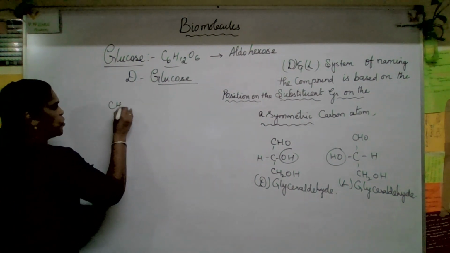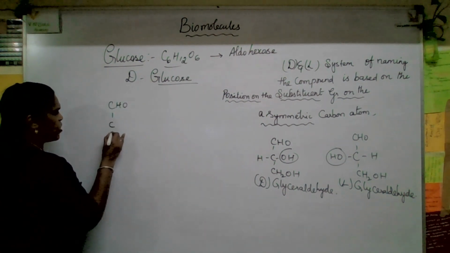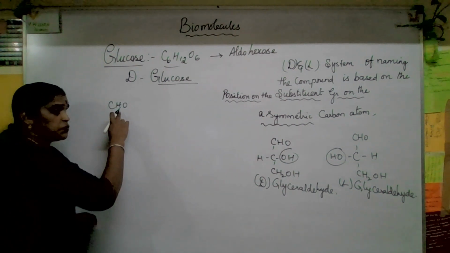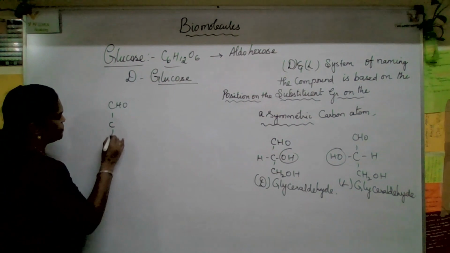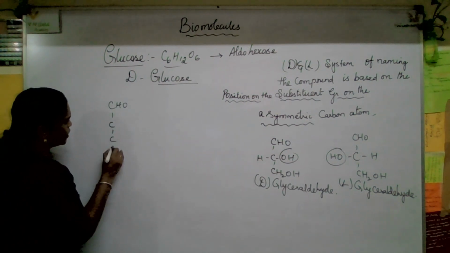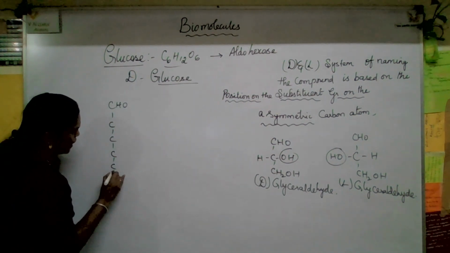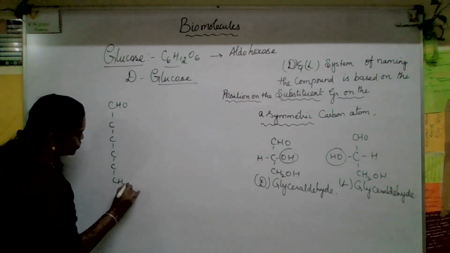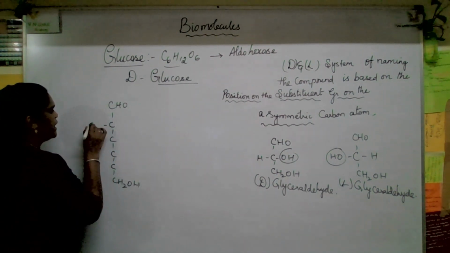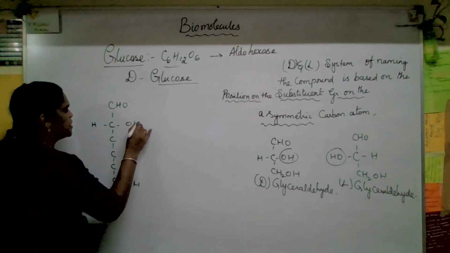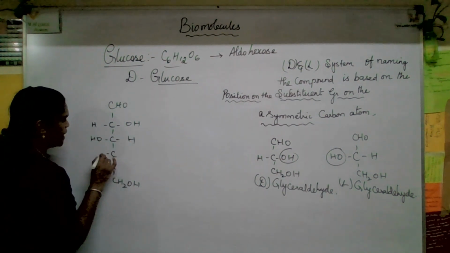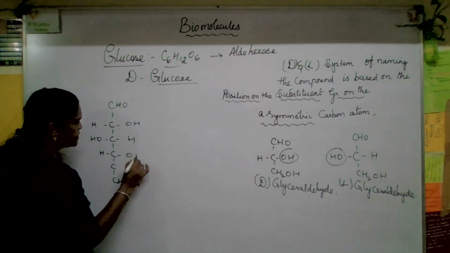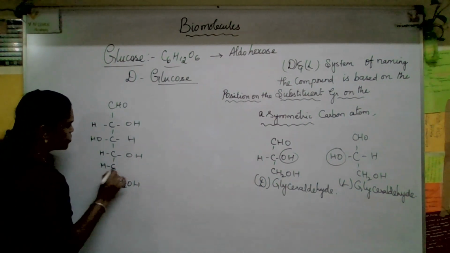Okay, let us go for D-glucose. Here the CHO group is available, connected with five more carbons, so it is an aldohexose: 1, 2, 3, 4, 5 and 6 CH2OH. Here H, OH; OH, H; H, OH; and H, OH.